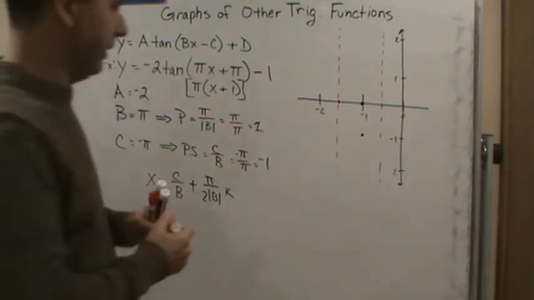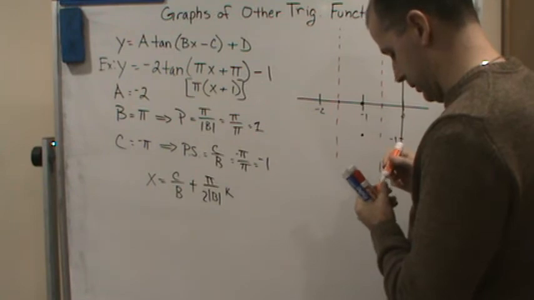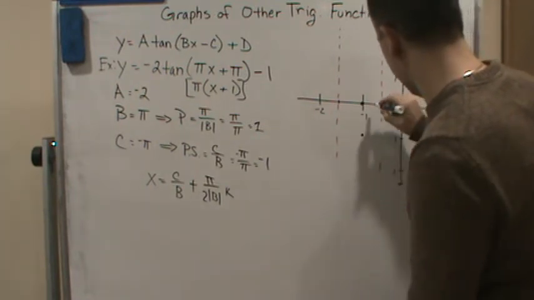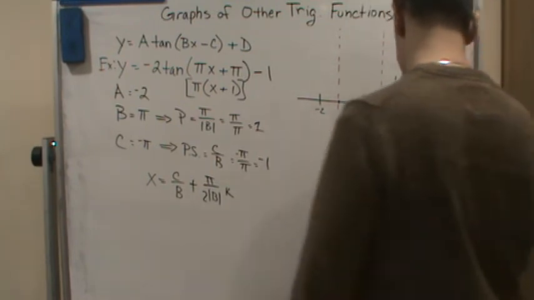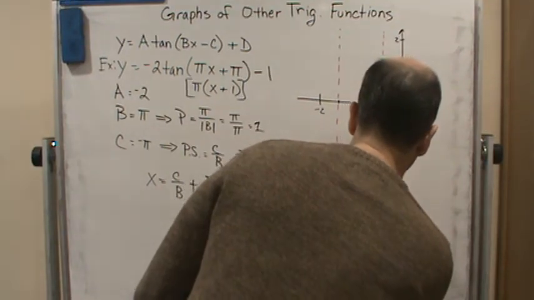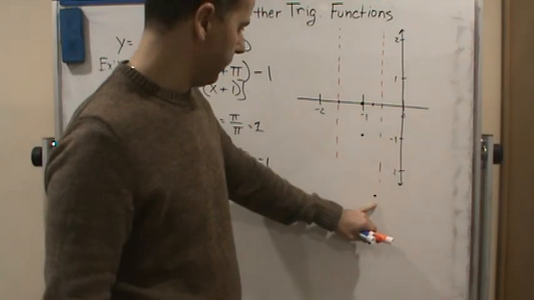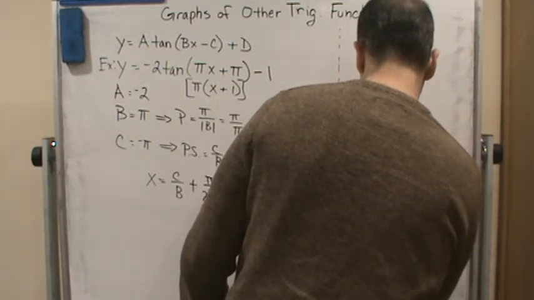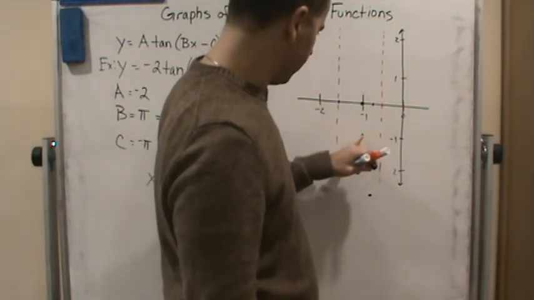So if I'm halfway here, at a quarter, I'm going to be down at -3. Oops, wrong way, a little too far over. Now this is going to be a reflection around here.